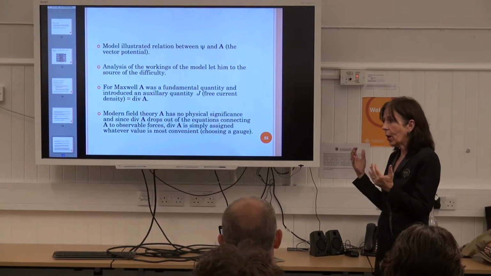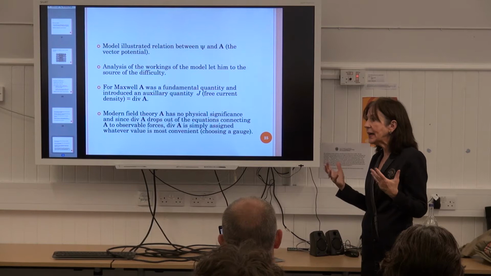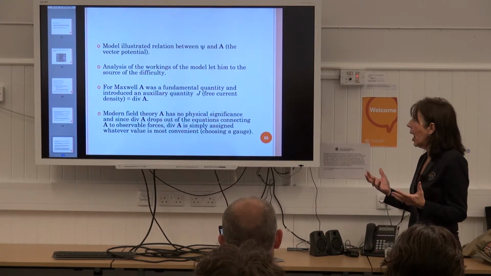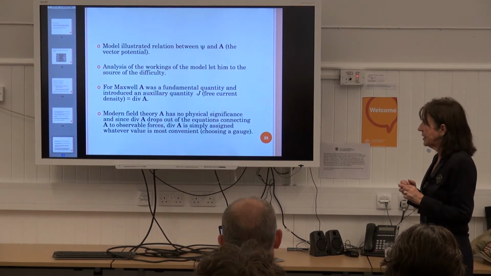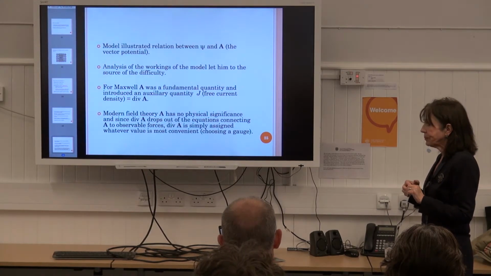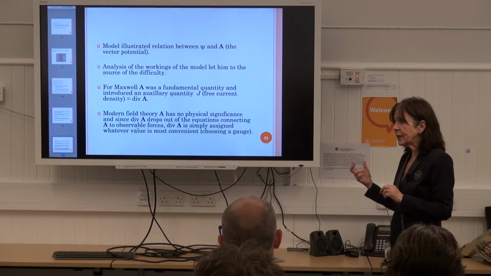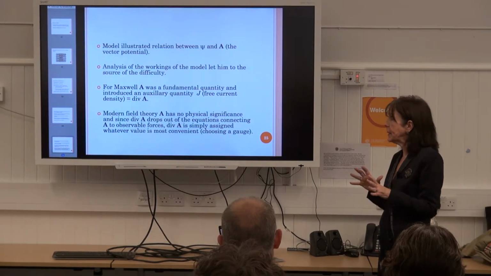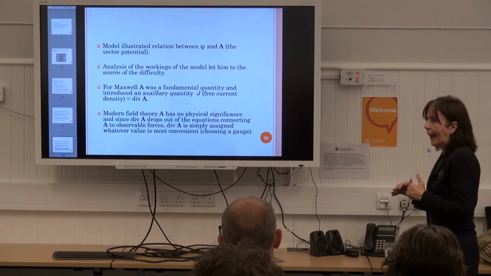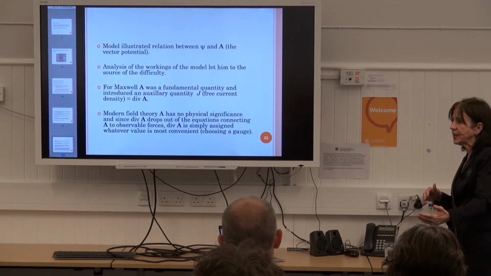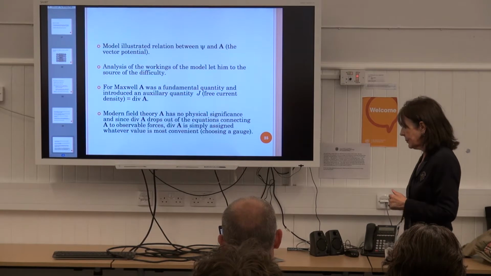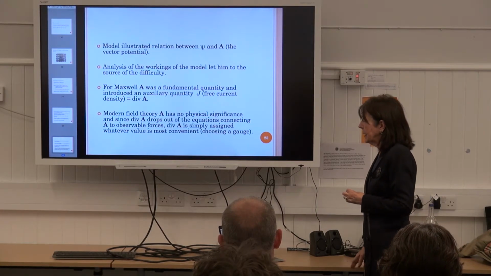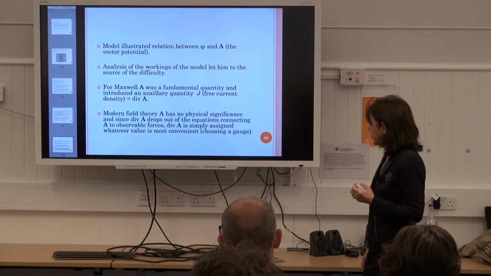So I'm not going to go through the whole thing, but the idea is that working the model lets him figure out what the source of the difficulty is. For Maxwell, the vector potential was a fundamental quantity, and he used it to introduce this other thing called free current density, which he defined as the divergence of the vector potential.